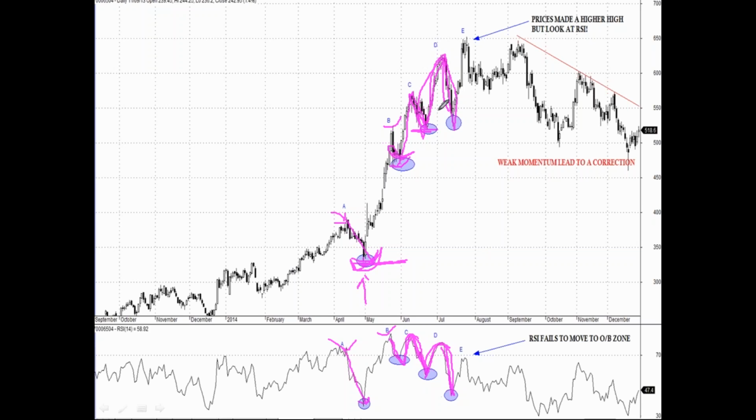We buy here with the bullish candle. RSI moves up again. The price moves up again, and this time what happens? The RSI has failed to move into the overbought zone. It's a failure.